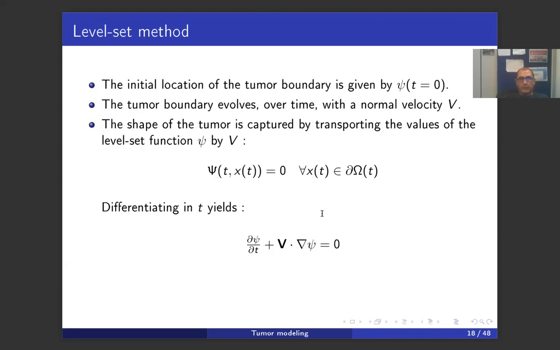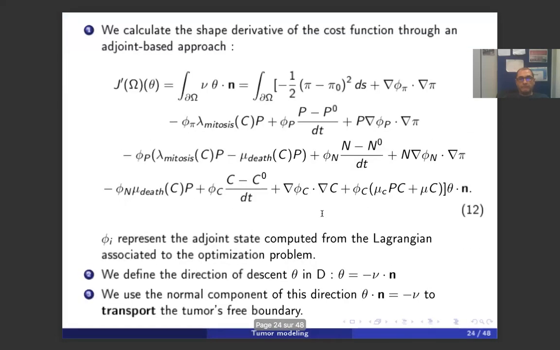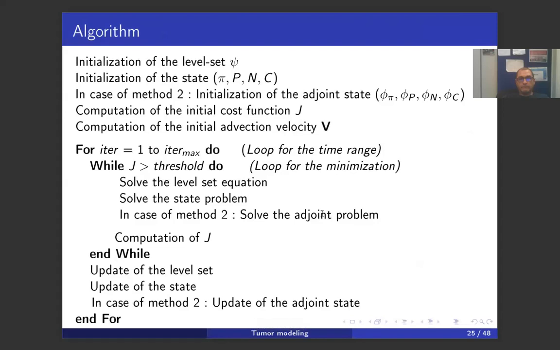Okay, and the tumor boundary evolves over time, of course, with normal velocity. This velocity, as I said, can be computed by the Darcy law or by the use of the adjoint state.